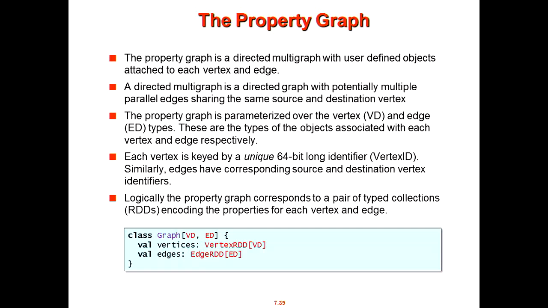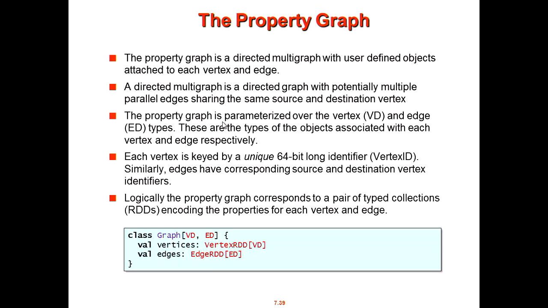This is also a multi-graph because a simple graph has only one edge between each pair of nodes, but a multi-graph means there are multiple parallel edges between 2 nodes, because each edge may represent a different relationship. So in GraphX, they use this directed multi-graph with properties as a data type to represent the graphs.